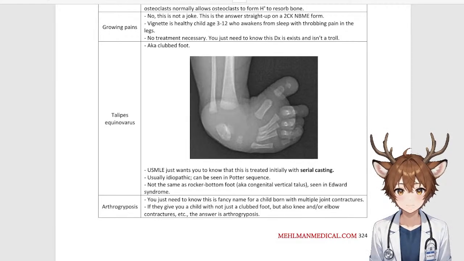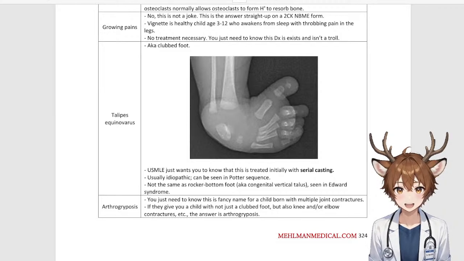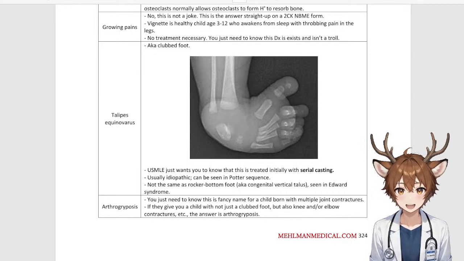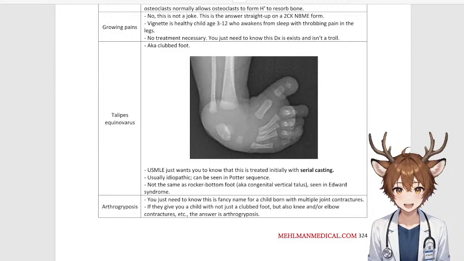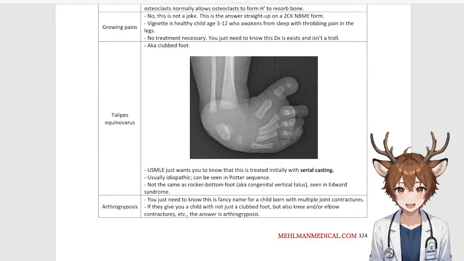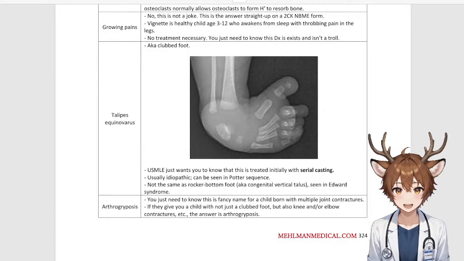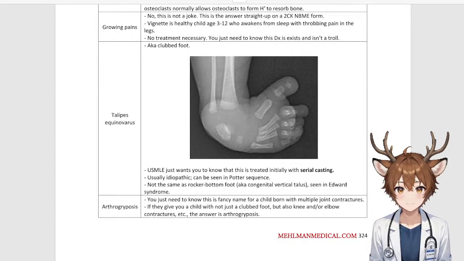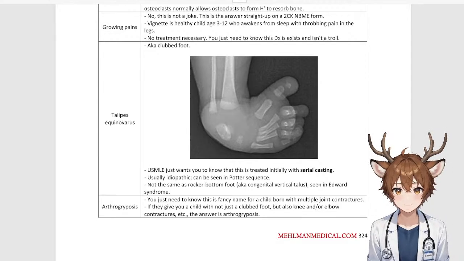Talipes equinovarus, aka clubfoot, as you can see in the little depiction right there. USMLE just wants you to know that this is treated initially with serial casting, usually idiopathic, can be seen in Potter sequence. Not the same as rocker bottom foot, aka congenital vertical talus, seen in Edwards syndrome.